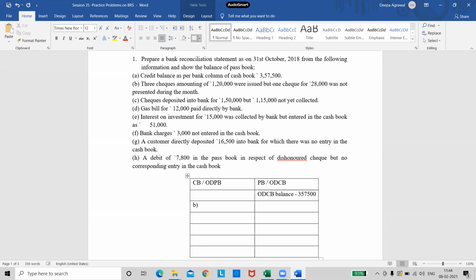So which book has recorded this entry first? Cash book. Cash book has recorded, because whenever checks are issued, first cash book is recording the entry. And is the balance of cash book increasing or decreasing due to this entry? Decreasing. It will decrease because it's a payment. And by how much amount will it decrease? By 1,20,000, 28,000, or the difference?